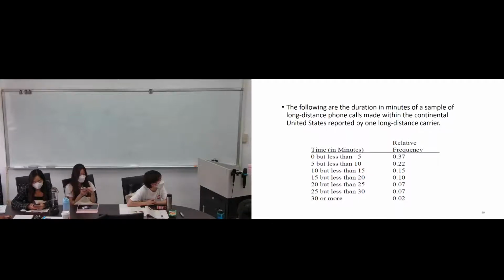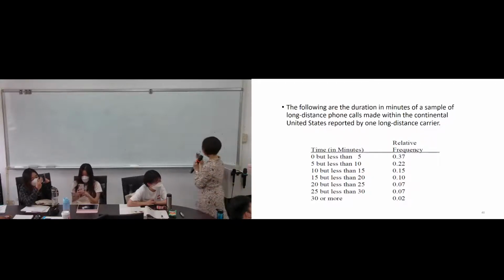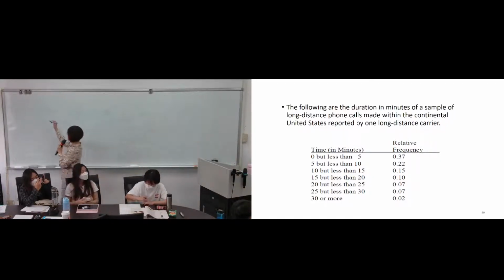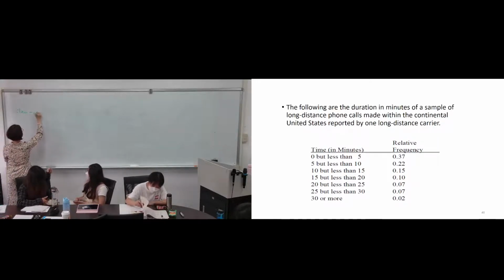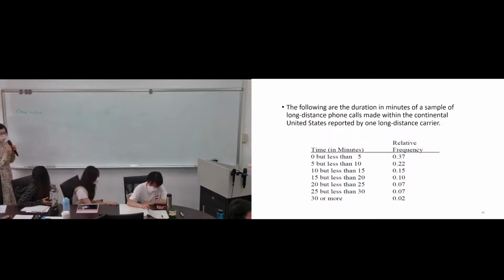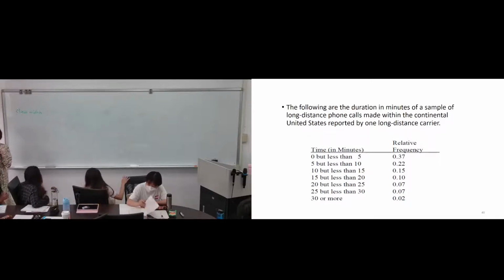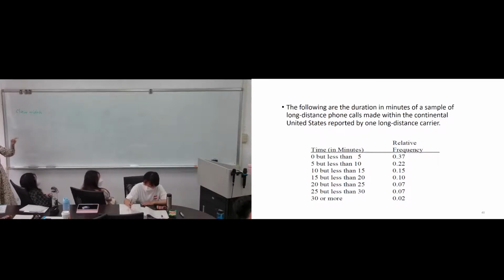Let me ask you one question. What is the class width in each of the classes? In the first class, 0 but less than 5, 5 is not counted.